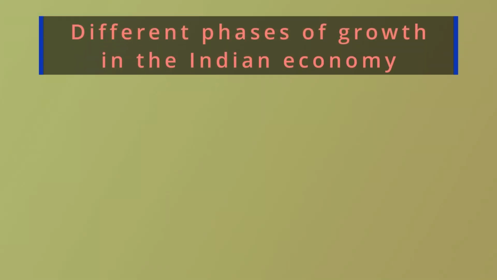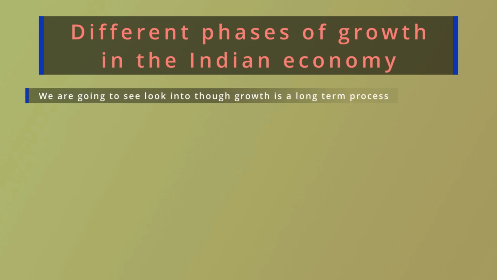So to start with, we protected the industrial sector, then we started reforming the industrial sector, and once the industrial and agricultural sectors were reformed, the service sector reforms started, largely from the decade of the 2000s. You would see, along with policy changes, that there are different phases of growth in the Indian economy.